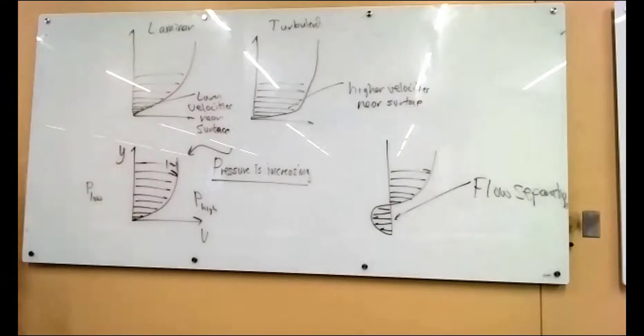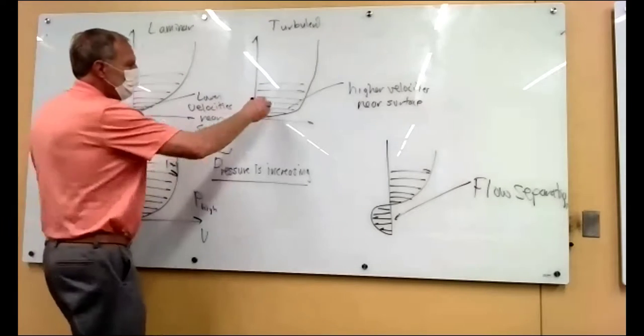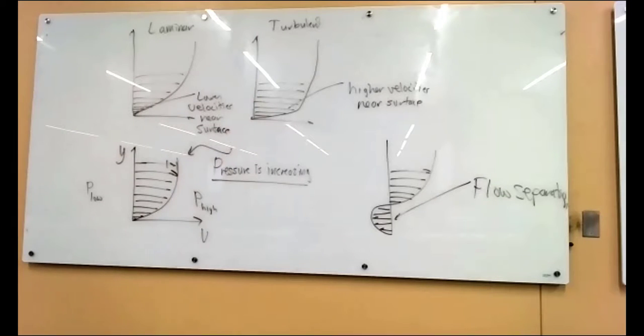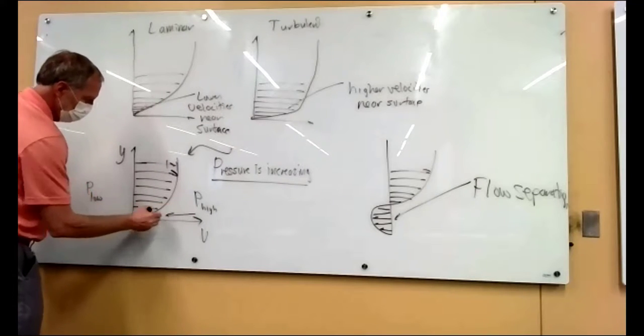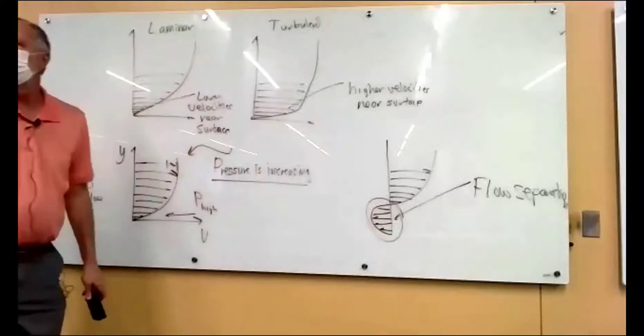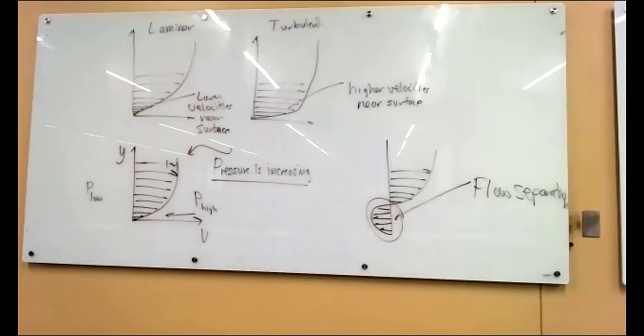So if you go back to those pictures, laminar, the slope was up more like that, which produced less drag. Turbulent had those higher velocities near the surface. You get a lot more drag because there's higher velocities running into the surface roughness and slowing the thing down. Okay, now think about this. We've got a net force slowing this flow near the surface that leads to separation and stall.